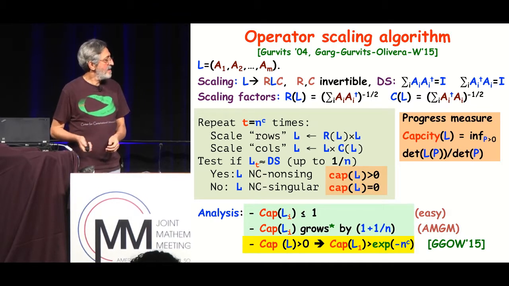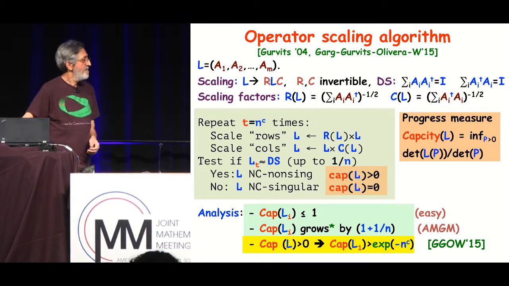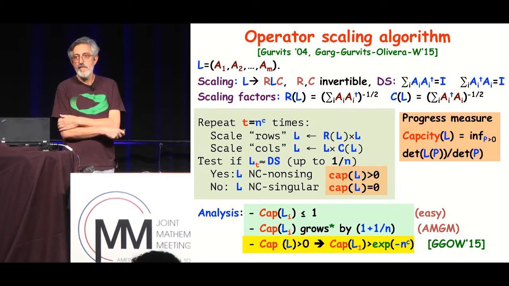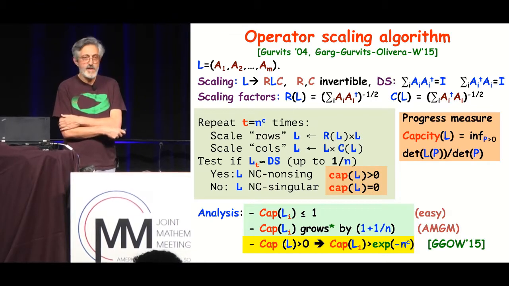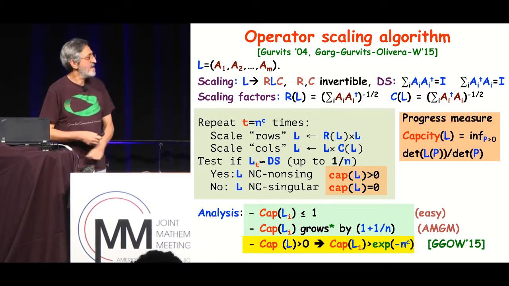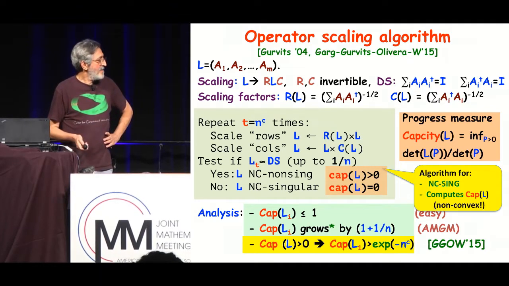And this is really the crux of the main thing to prove, the main thing that was open in Gurvitz's paper, and the main thing I want to tell you about. Where is this lower bound coming from? I told you that in the case of permanent, it was very simple. It was really an exercise. How can you prove something like that? And so you have to obviously understand what capacity is. Let me tell you.